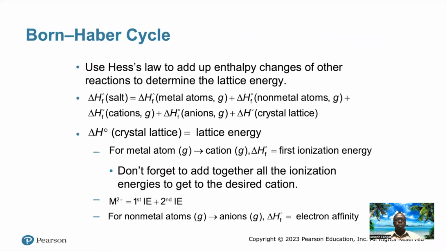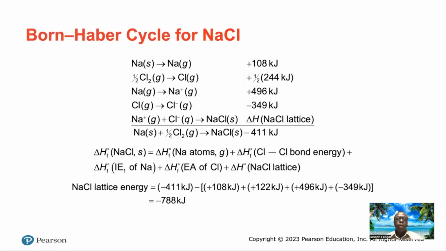We need to understand first how the whole process works. Remember what we said about Hess's law: you find the summation for the overall enthalpy of reaction, the summation of the individual steps. So in this case, we have sodium, which needs to form the metal ions. You also need to factor in the ionization energy.